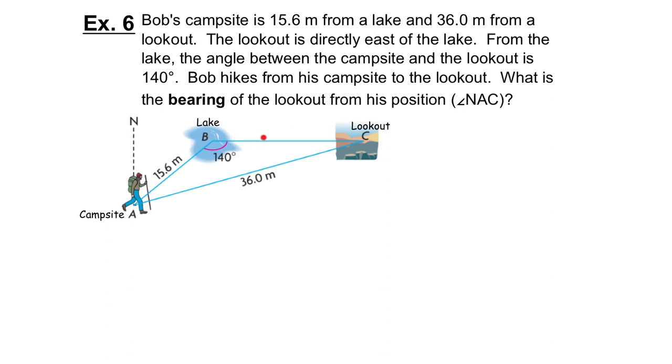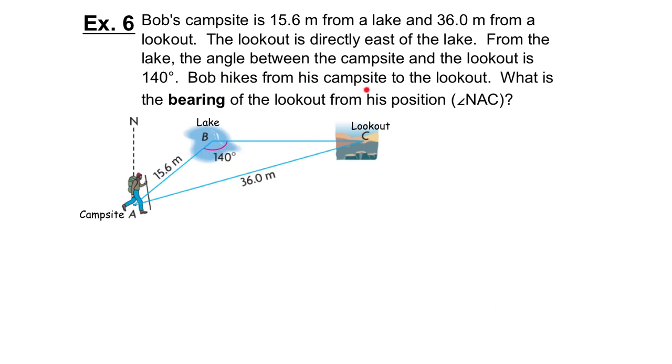East would be at a 90-degree angle to north. From the lake, the angle between the campsite and the lookout is 140 degrees. So from the lake, you're looking at the campsite, you're looking at the lookout. The angle between those two places is 140 degrees.